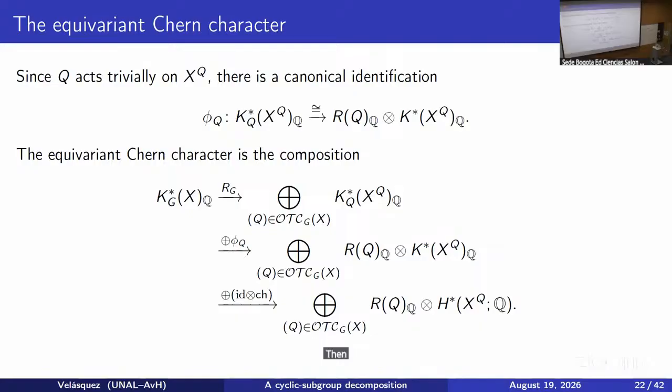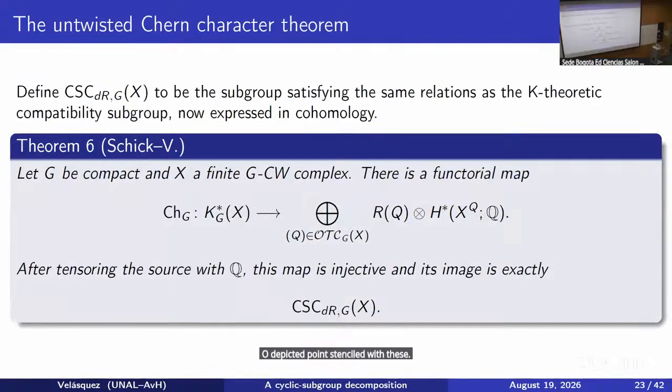Then we have a way to express the G-equivariant K-theory with rational coefficients in terms of non-equivariant cohomology of the fixed points tensor with these representation rings. And then we can also define the compatibility subgroup condition at the level of cohomology.